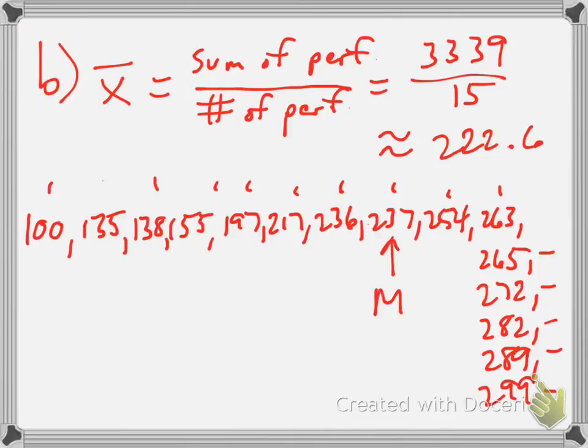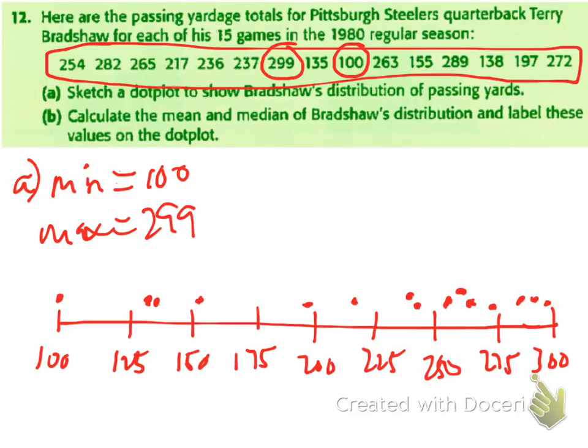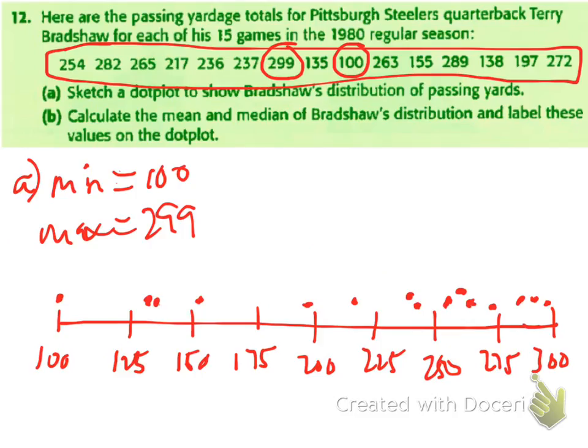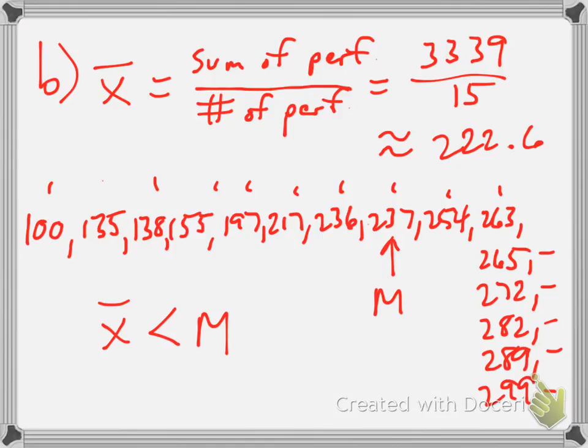So in this case, X bar is less than the median. So if we were to do a distribution, it would probably be skewed to the left. Remember, skewed means the lower bars are that direction. So that's what the issue is there.